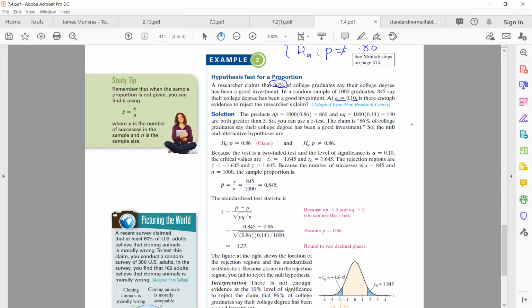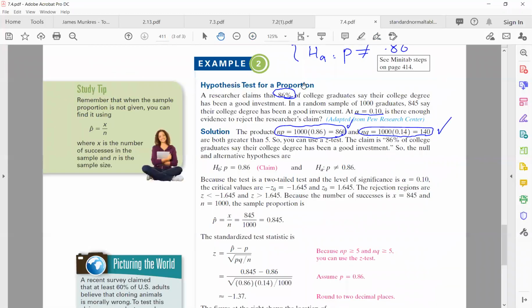N times P: 1,000 times 86% is 860, which is greater than 5. So the first condition is met. N times Q: N is 1,000 times Q, 1 minus P, 14%. The multiplication is 140. The second condition for normality is also met.